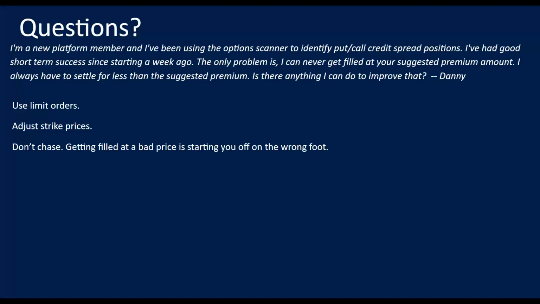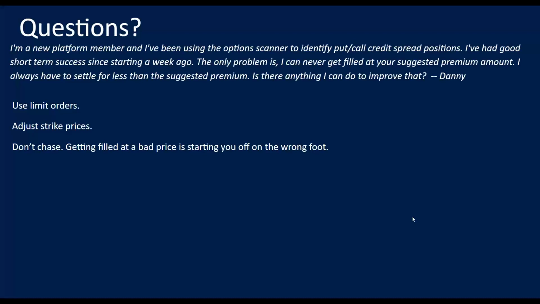So if you get a smaller credit, not only is your potential return smaller, but also you now have more at risk than you were set up for. So that's another thing, right? It's just knowing when not to chase a trade is a pretty important lesson to learn in terms of trading.